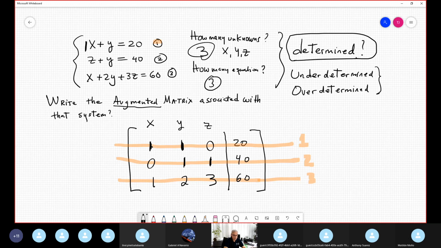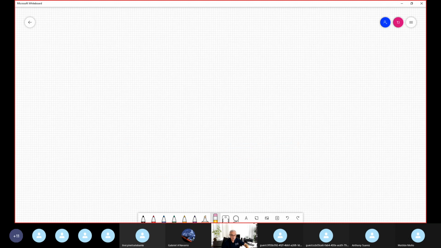Okay. No question. Let me explain now the first algorithm. Let's call it Gauss elimination. We have two. An algorithm is a set of different steps you need to do to solve the system using matrix language.